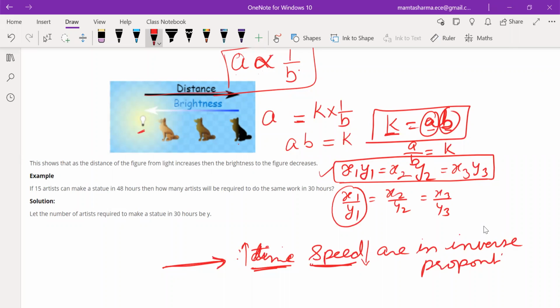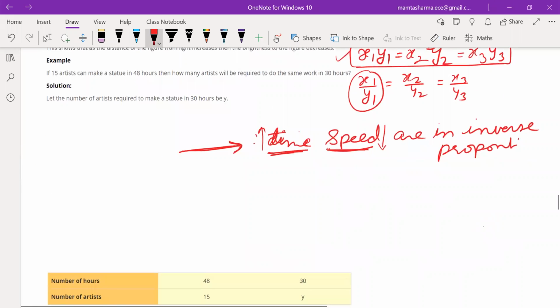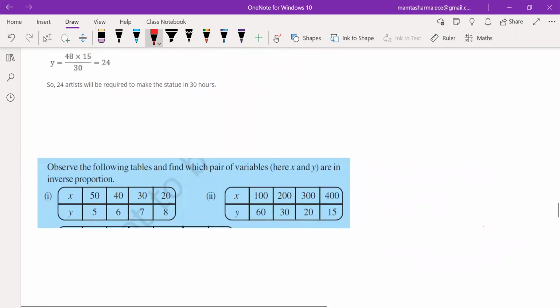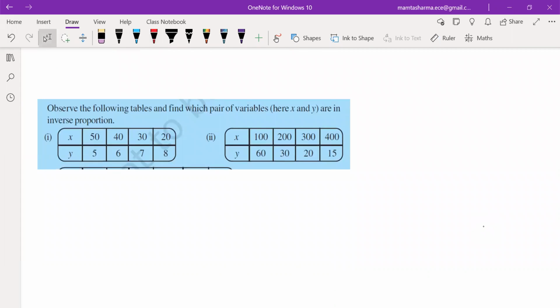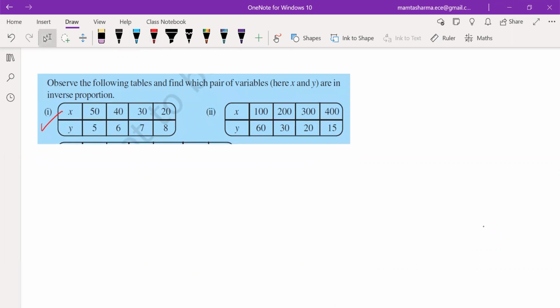They are in an inverse proportion. Okay, clear? Now we will take some examples. Check it in this table. First one, are they in an inverse proportion or not? Do it fast. Yeah, Tanvi.